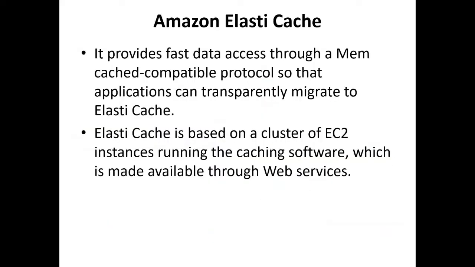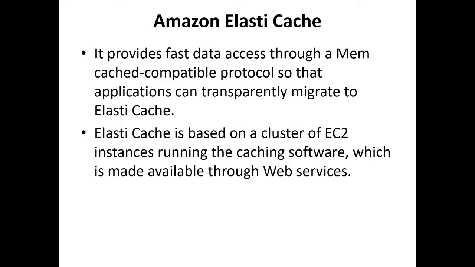So till now we have discussed different storage services under Amazon Web Services, that is S3. We have also had an overview of Amazon Elastic Block Store, that is Amazon EBS, and now we are going to talk about Amazon ElastiCache. What is Amazon ElastiCache? Amazon ElastiCache allows you to seamlessly set up, run and scale popular open source compatible in-memory data stores in the cloud.